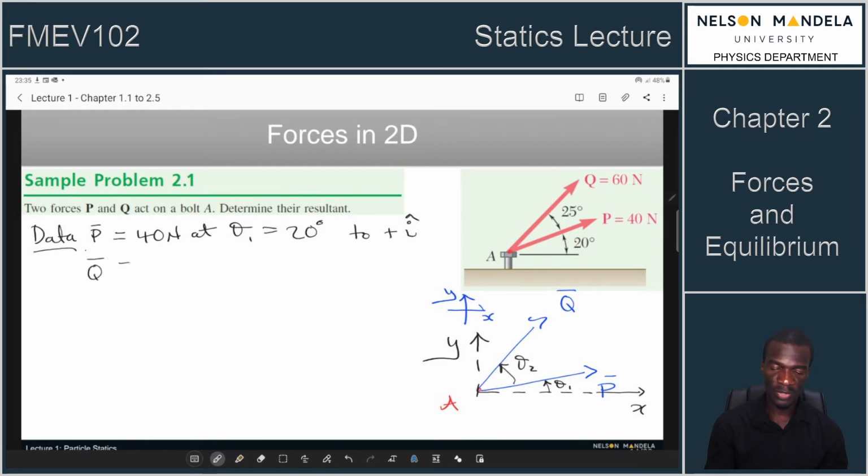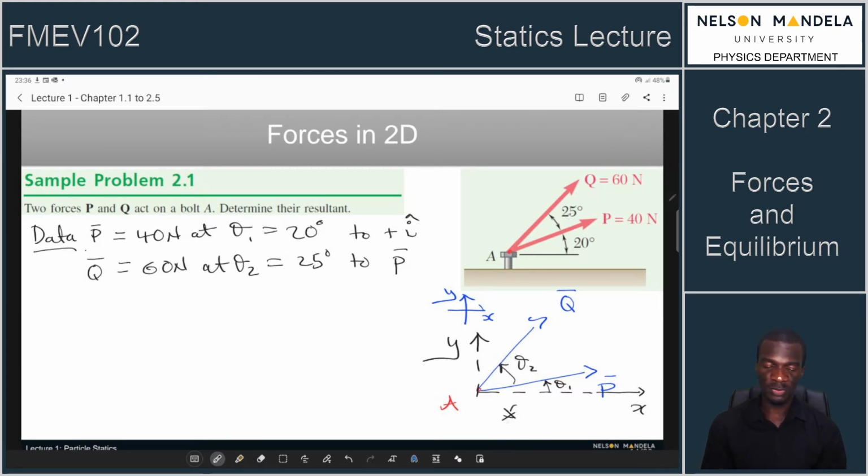Then Q is another force, which is 60 newtons at theta 2, which is 25 degrees to the force P. That's your data. For you to find the resultant, so you already have a sketch there.